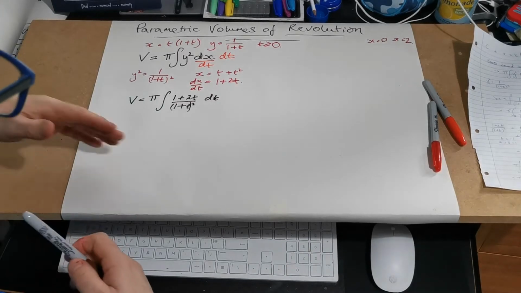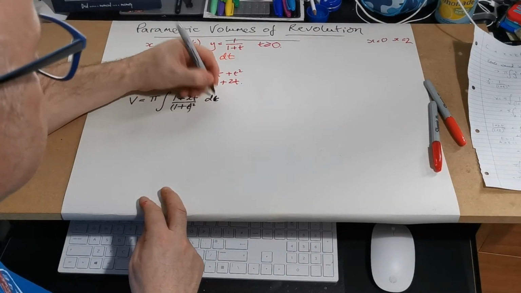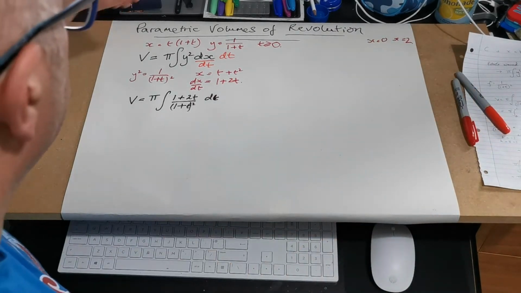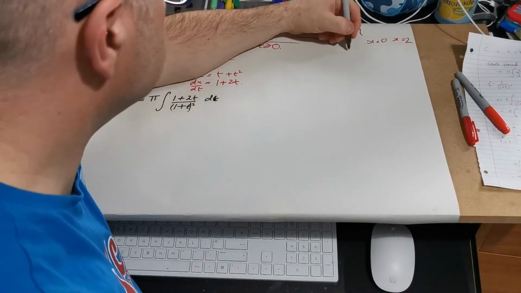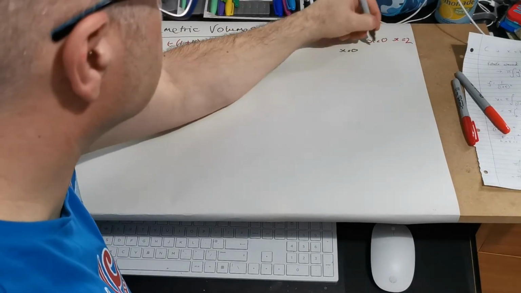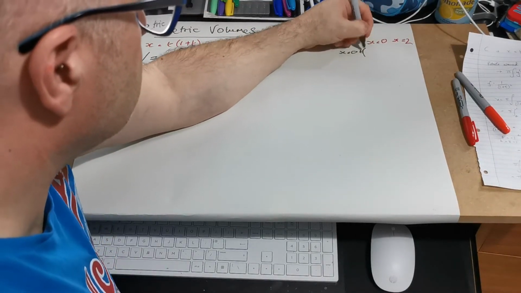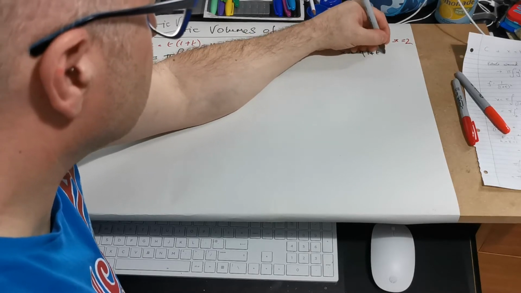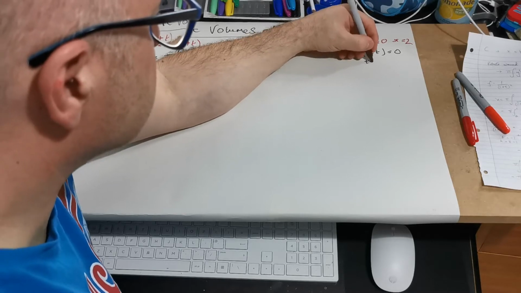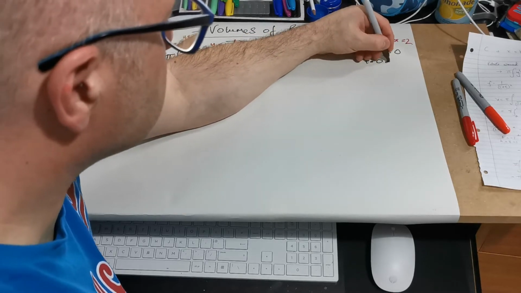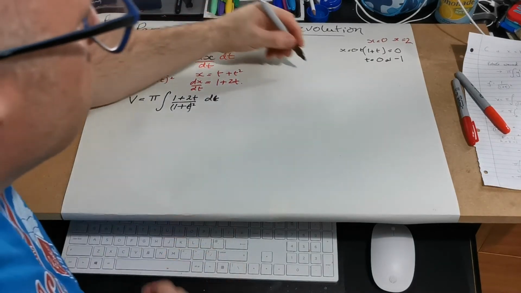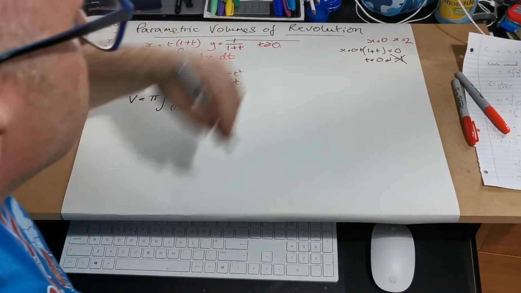Now, I've changed everything to be in terms of t, but my limits are in terms of x. So I could really do with changing my limits. When x equals 0, that means t times (1 plus t) equals 0. So t is equal to 0 or minus 1. But we said t needs to be bigger than 0, so I need to ignore that.